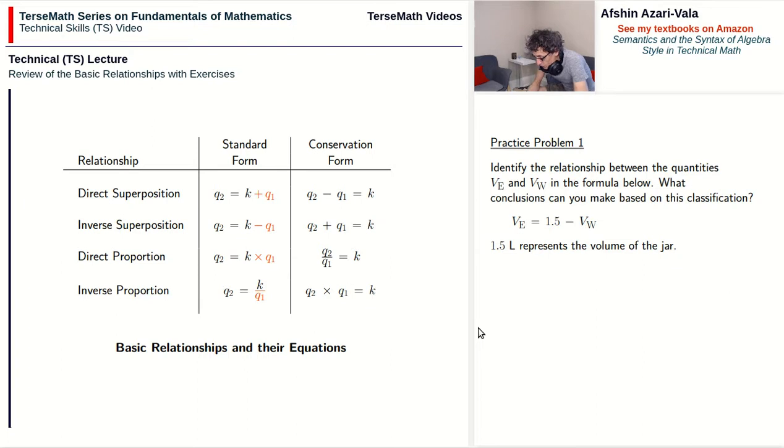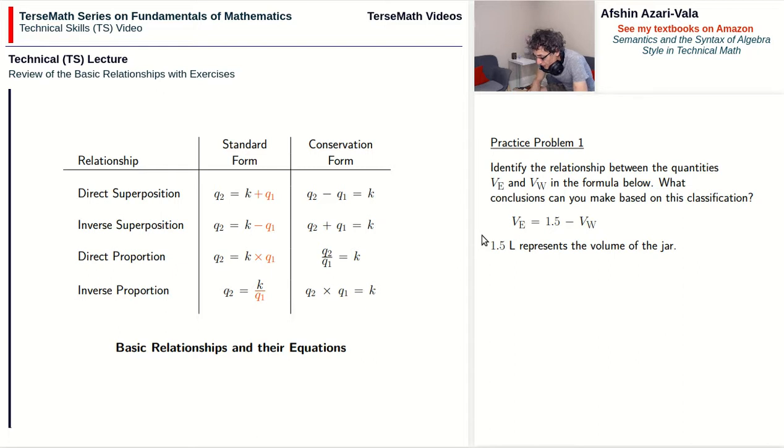Inside this jar, which has a fixed volume, 1.5 liters, we have some water. And of course that water occupies a bit of a volume. And the rest of the jar is empty. And this is the relationship between the volume that's empty and the volume of the water. The empty volume is equal to the volume of the jar minus the volume of the water that's in it.